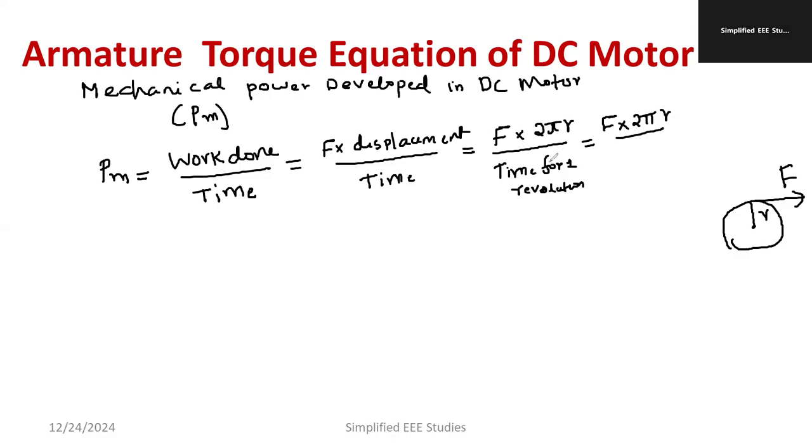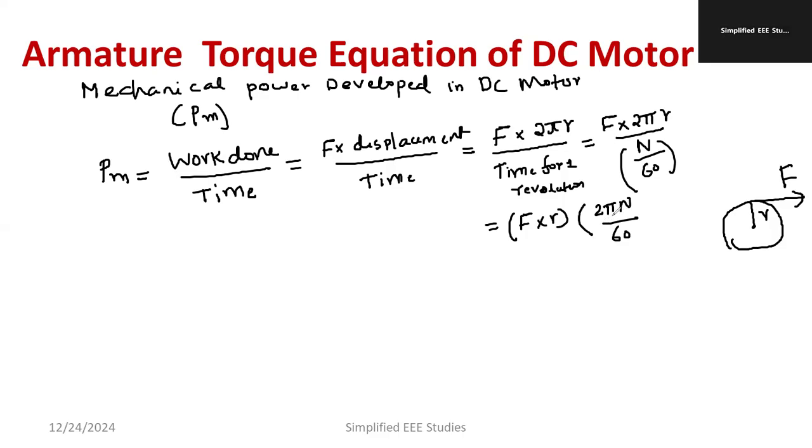How to calculate the time for one revolution? You know that 1 minute is equal to 60 seconds. Therefore, the time for one revolution is equal to 60 divided by n. By simplifying, I get F into R into 2 pi n by 60.